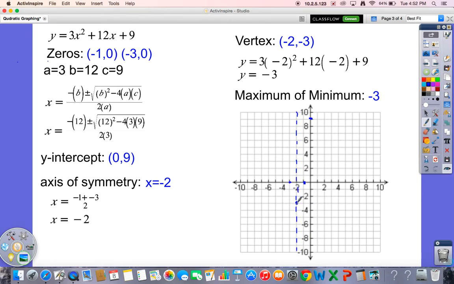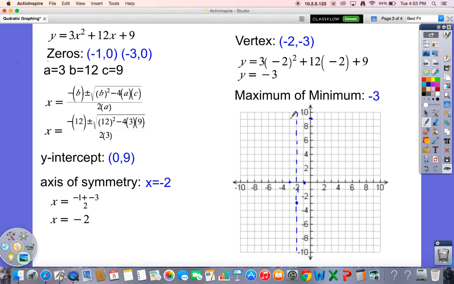Before I draw my U shape, I'm going to go up here to where I plotted my y-intercept. I am going to use this axis of symmetry to get another point over here. Notice that the axis of symmetry is 2 away from the y-axis. So this point is 2 spaces away from the line of reflection.